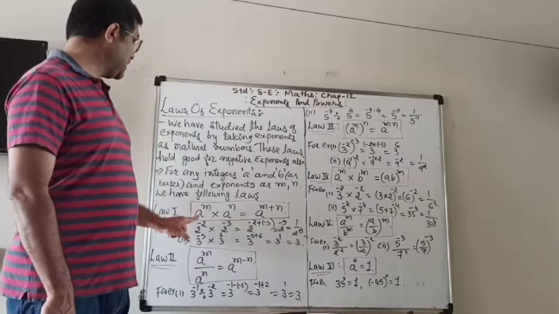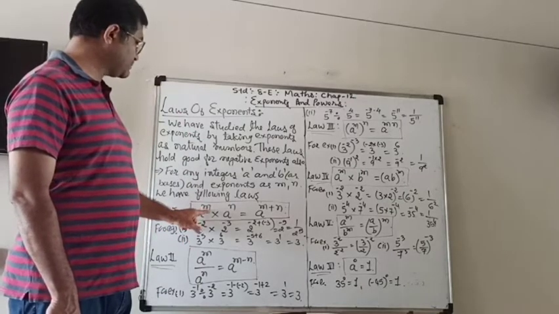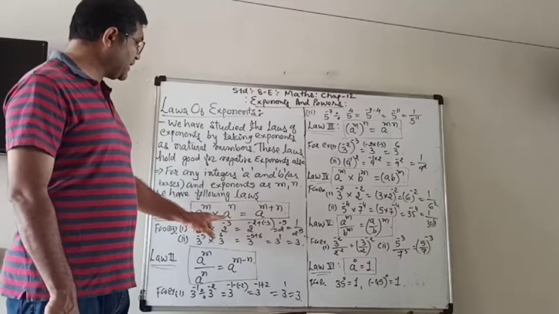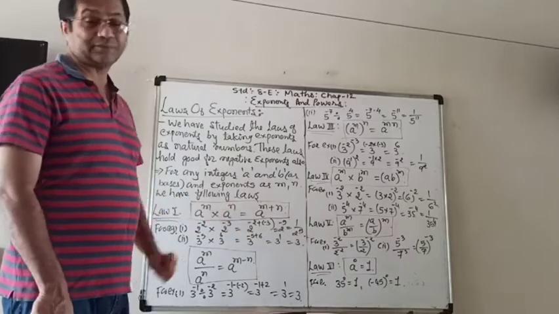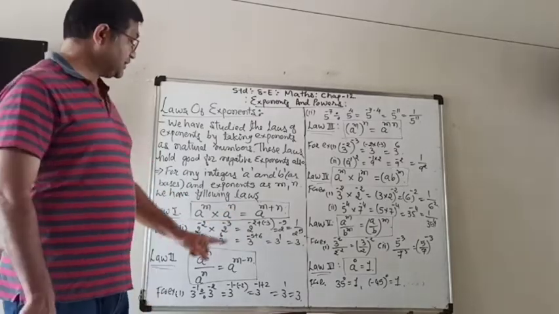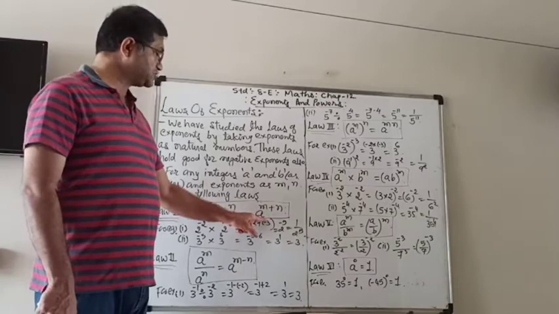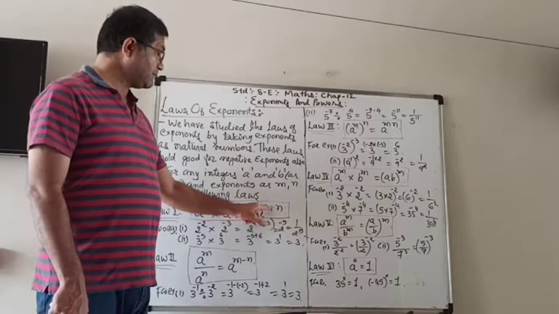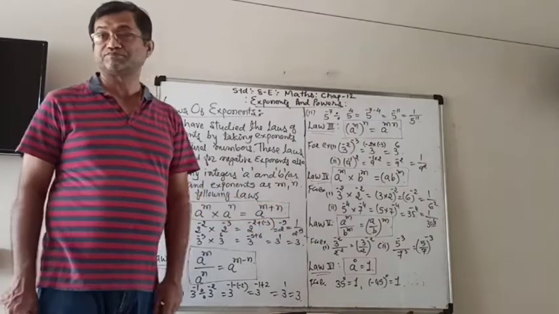First law says that a raised to power m multiplied by a raised to power n is equal to a raised to the power m plus n.